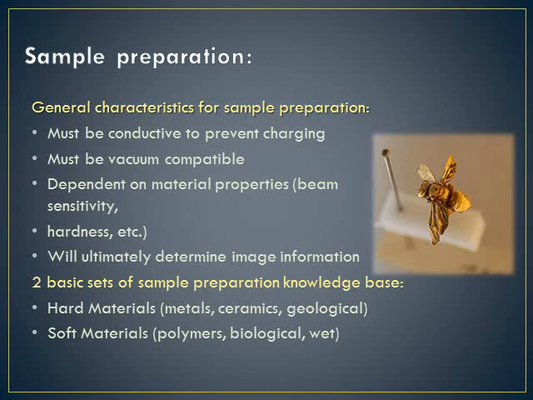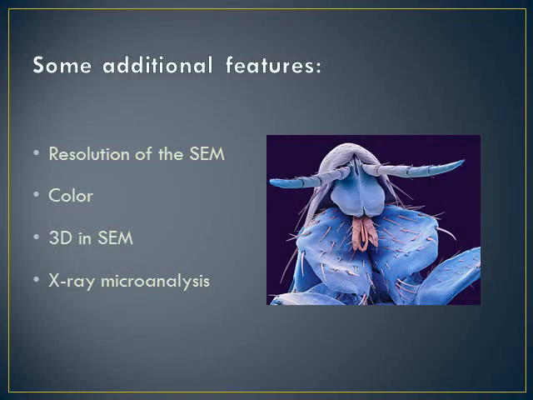Now I touch just a few words about the resolution of the SEM. Magnification is not the only important feature of an SEM image, but also a high image resolution is necessary. The spatial resolution of the SEM depends on the size of the electron spot, which in turn depends on both the wavelengths of the electrons and the electron optical system that produces the scanning beam.